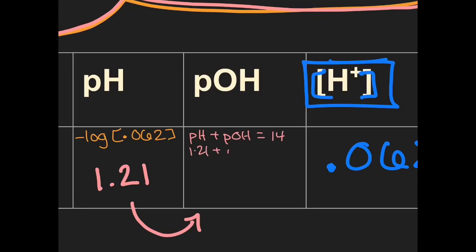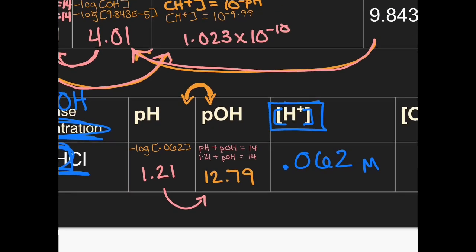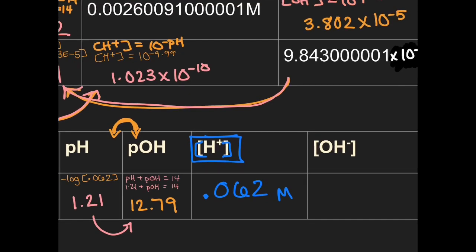So 1.21 plus pOH is going to give me 14. Once I subtract that in my calculator, we find that to be 12.79. All right, your conversions going back and forth from pH to pOH should be the easiest conversion for you to make. All you're doing is subtracting from 14.